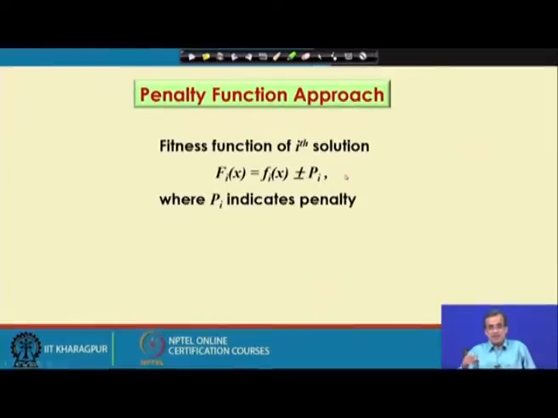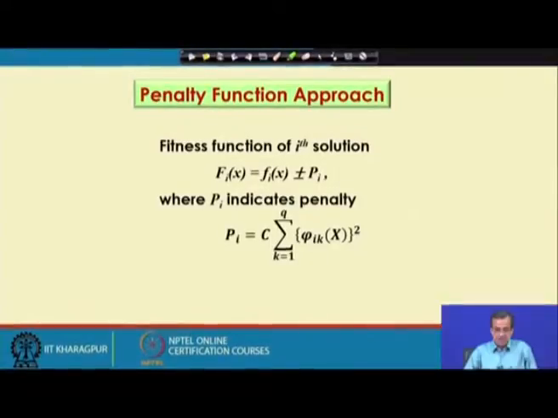Moreover, if a particular functional constraint is not violated, or if it satisfies the functional constraint, the penalty term should be equal to 0. If there is any violation of the functional constraint, I will have to add or subtract the penalty depending on whether it is a maximization or minimization problem, and if there is no violation, we put this penalty term equal to 0.